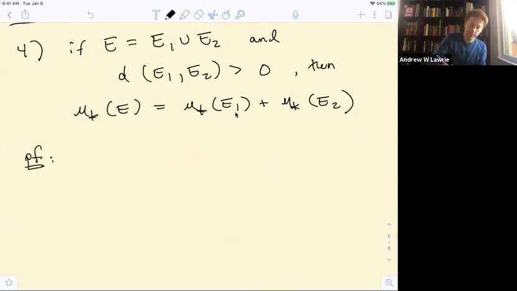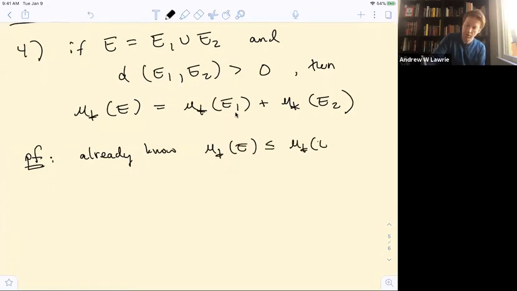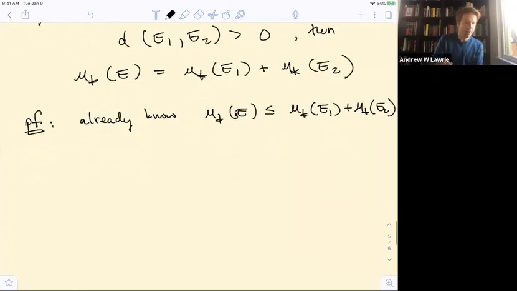Proof. So we already know countable subadditivity, so particularly we know the subadditivity property. And now let's try to prove the opposite inequality.